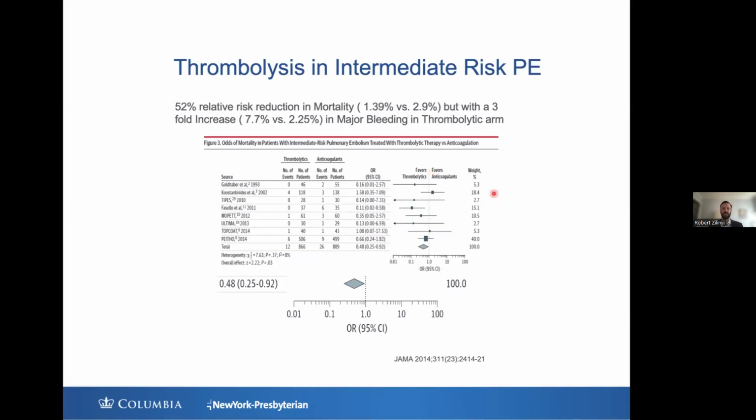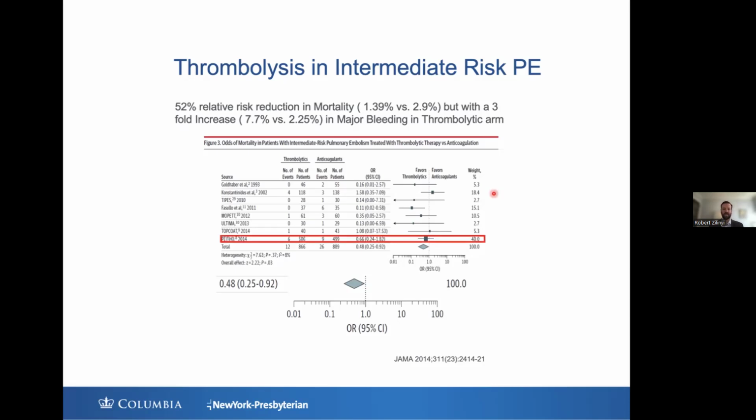Can we do this in the intermediate risk patient population as well? And so there has been good data. This is a meta-analysis of the mortality in patients treated with thrombolysis in intermediate risk PE. There's a 52% relative risk reduction in mortality. However, this comes with the cost of a 3-fold increase in major bleeding in the thrombolytic arm.